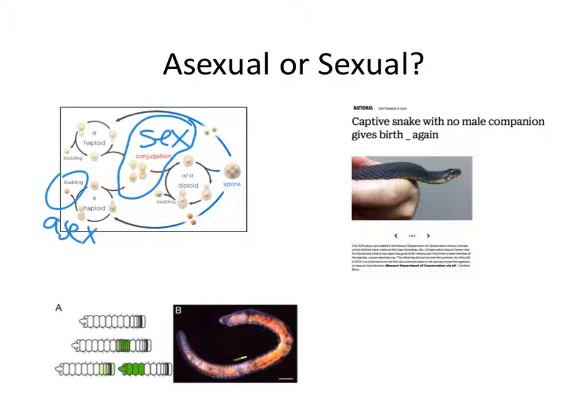So to lead us into next class, why do we do sex? What's one of the main benefits of sexual reproduction? Right, recombination, genetic variation, bringing together genetic material from two different individuals. So in the case of the snake, what's its offspring going to look like genetically? It should be almost a clone.